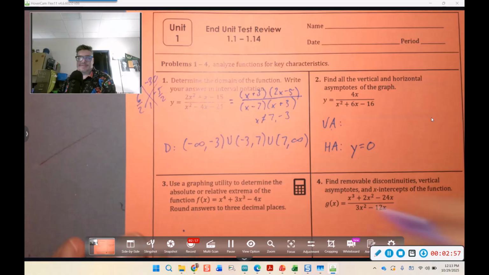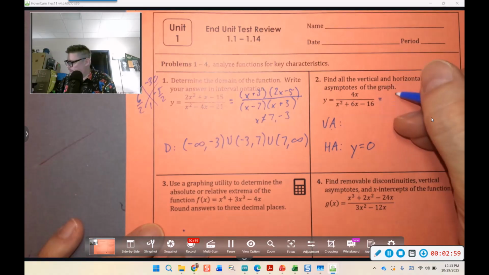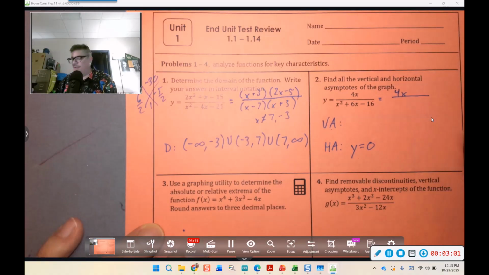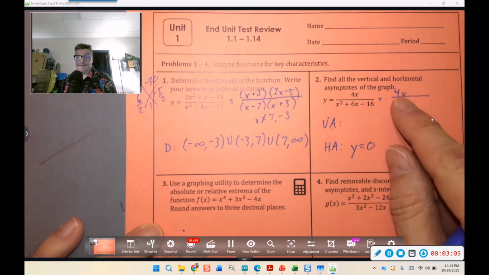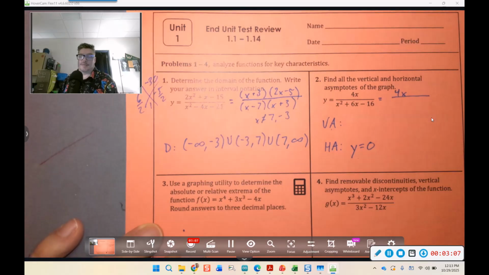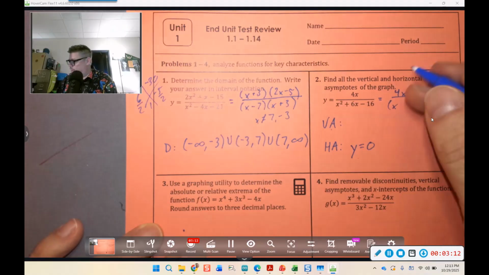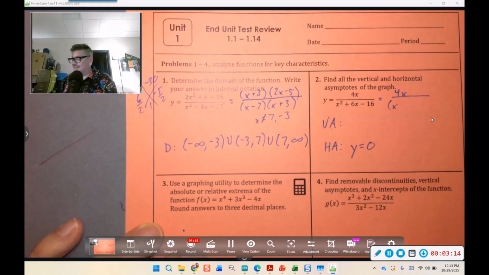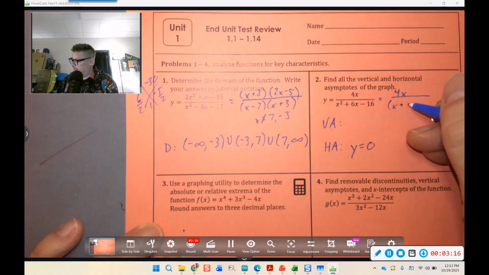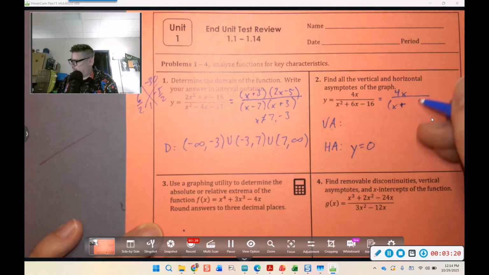Now the vertical asymptote is a little different. That requires a little bit extra. You don't have to know what 4x equals. This would give you the 0. In fact, we have a 0 at 0 here, but that's not what they asked. In this case, they just want to know, when you factor this, what's going to give you 0. And it looks like positive 8 and negative 2.